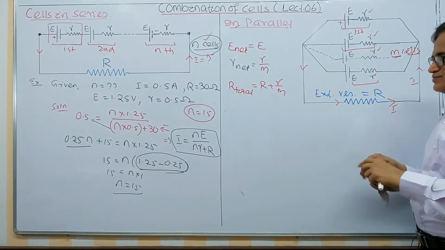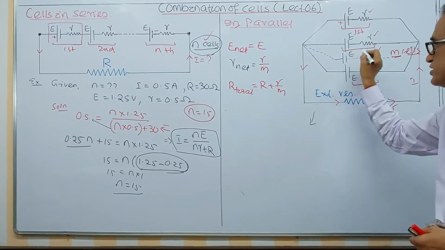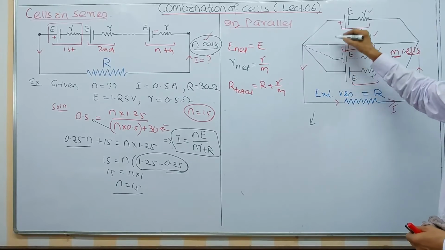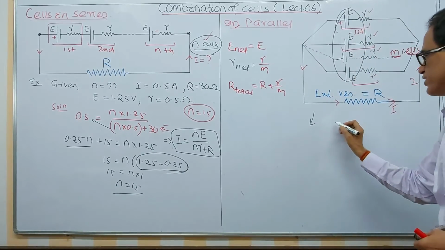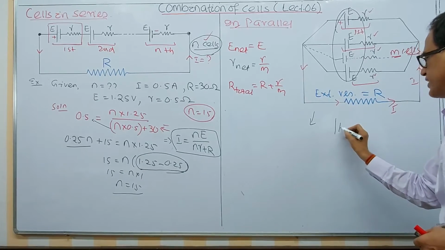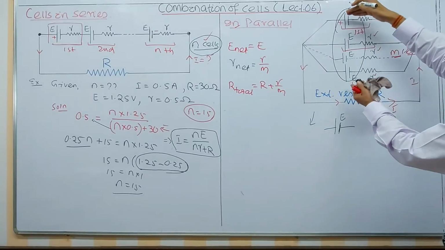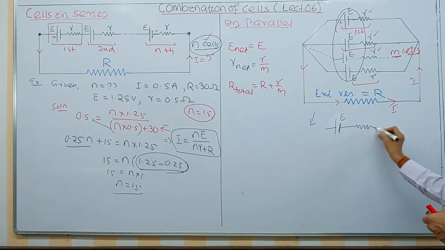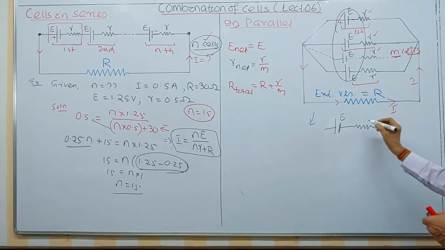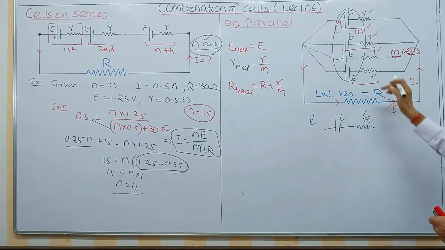Now you see here. If you remove this one, this is equivalent to all the cells under consideration. The cells are equivalent. If you replace them, that becomes a single cell whose EMF is E, because in parallel combination EMF remains E, and the internal resistance becomes R by M, because they are connected in parallel.